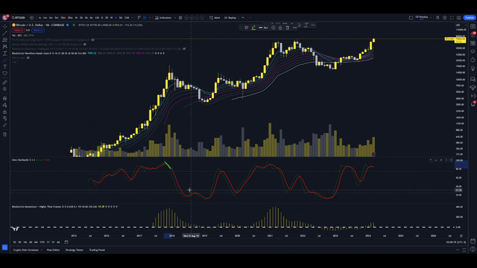Seller here, buyer here, seller here, buyer here, and so on and so forth, right? Typically, and it's not the end-all be-all. Just because the cycle is low does not mean you come in and immediately go all in. Just because the cycle is high does not mean you immediately sell all your assets.